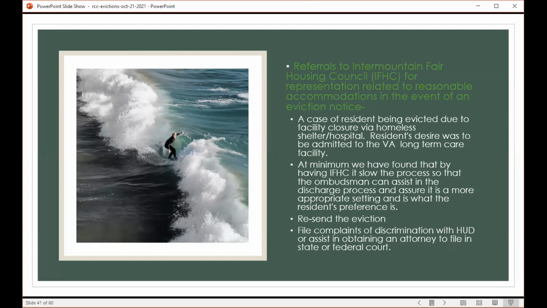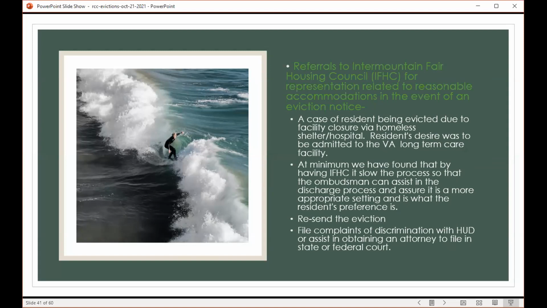And each one of these programs work from a legal basis. So through legal aid, fair housing, and disability rights, they are working with lawyers. And sometimes just the simple fact that a facility, especially an assisted living facility, receives a notification from their office that they have an open case on this situation, sometimes that's enough that the facility will rescind that eviction.